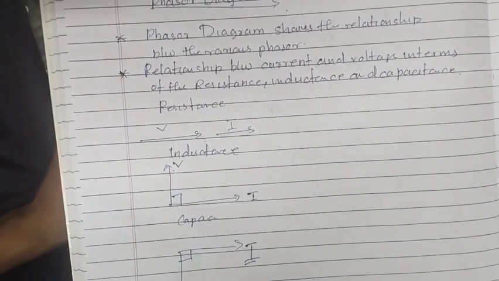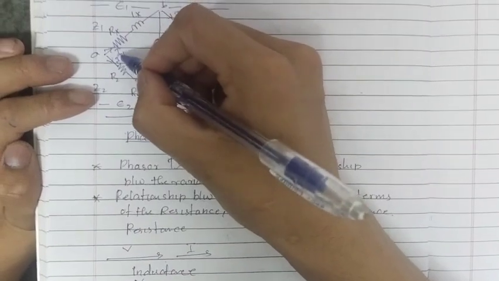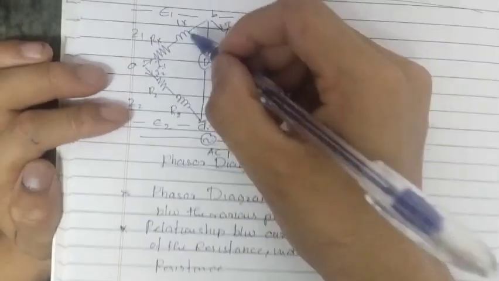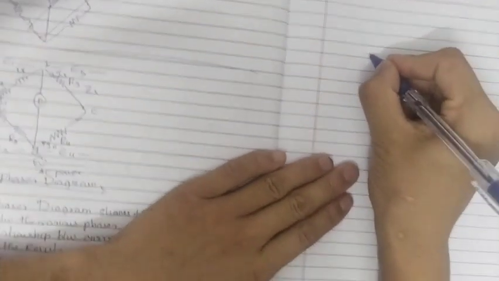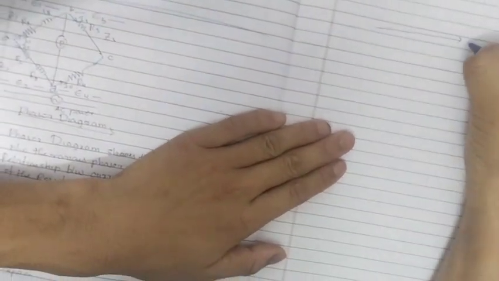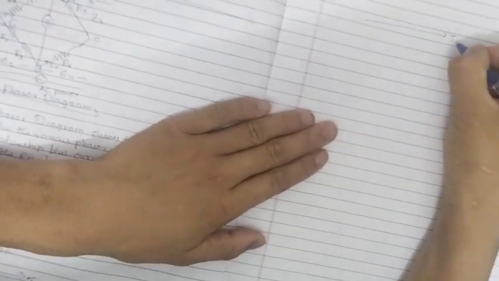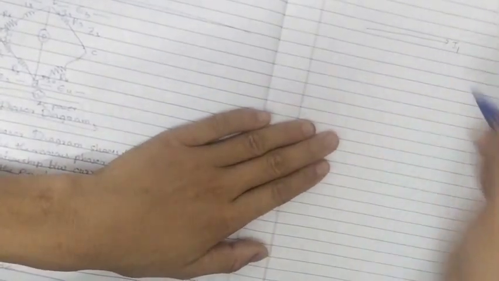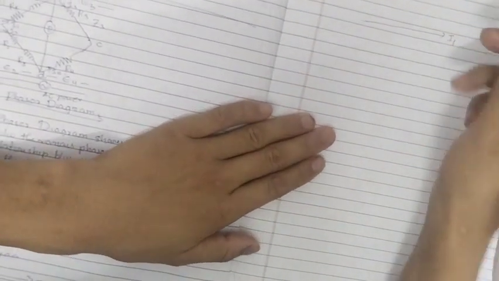To draw a phasor diagram, we have to take a reference point. Since the current I1 is flowing across arm AB, let us take I1 as the reference phasor.